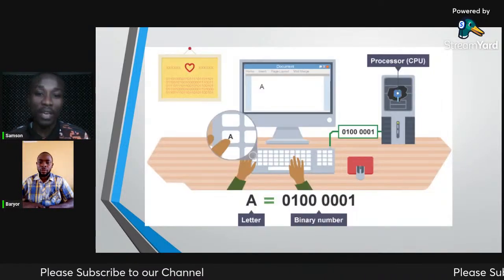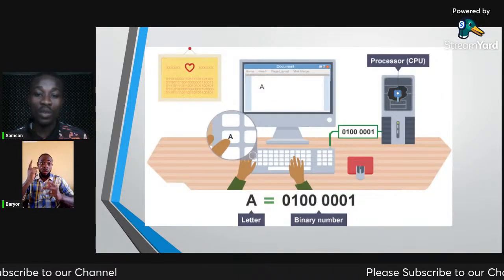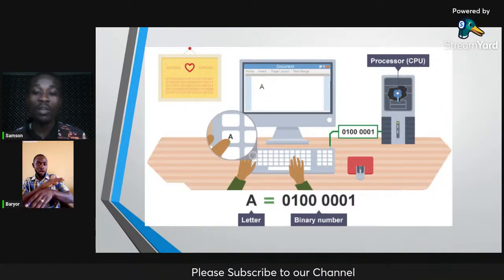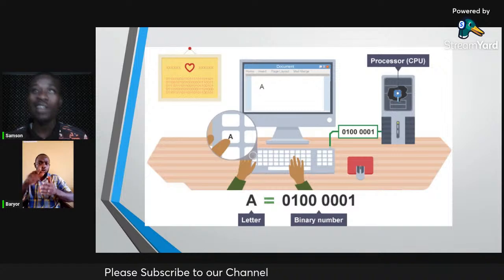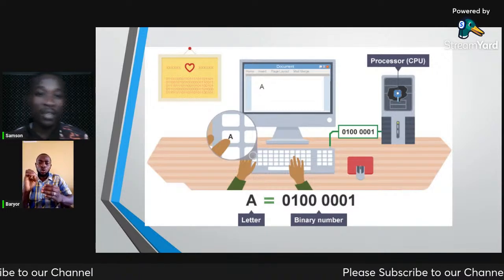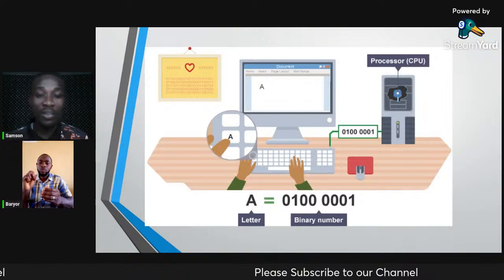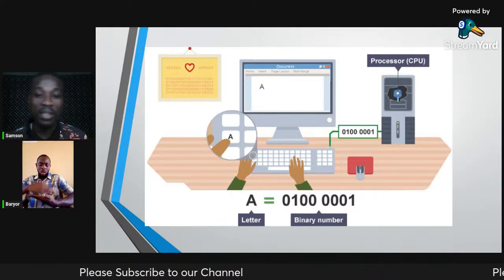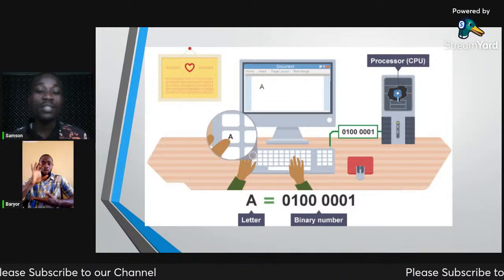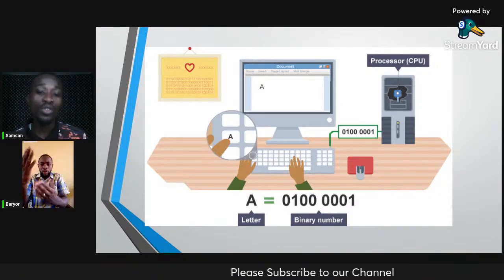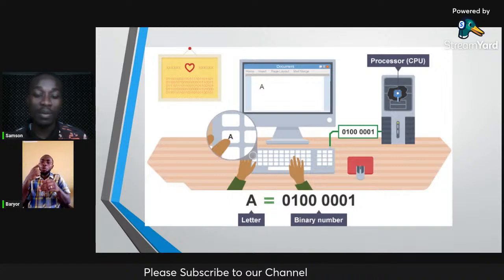Next. Okay. This is how it works actually. This is a computer system, and I'm sure we've all learned the parts of a computer before in our previous classes. What we have on our screen now is a monitor, a keyboard, a mouse, and a CPU. So if you want to input information into the computer system, you will use your keyboard to type the letters on it.